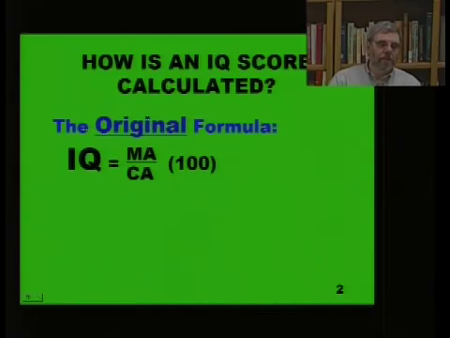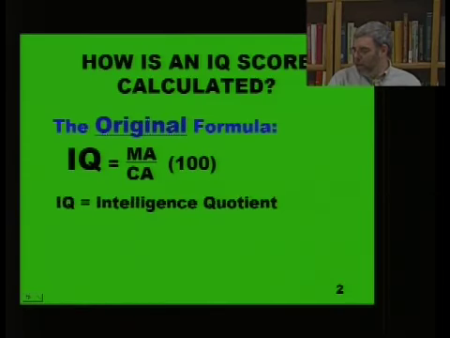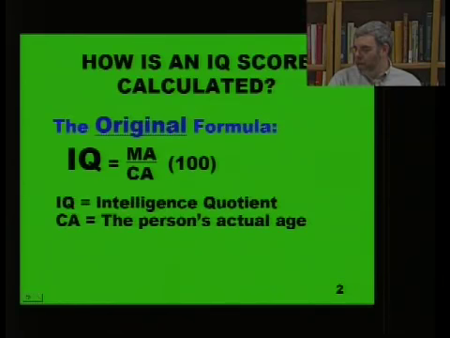Here, I'll show you. IQ is intelligence quotient. CA is the person's actual age, which stands for chronological age.